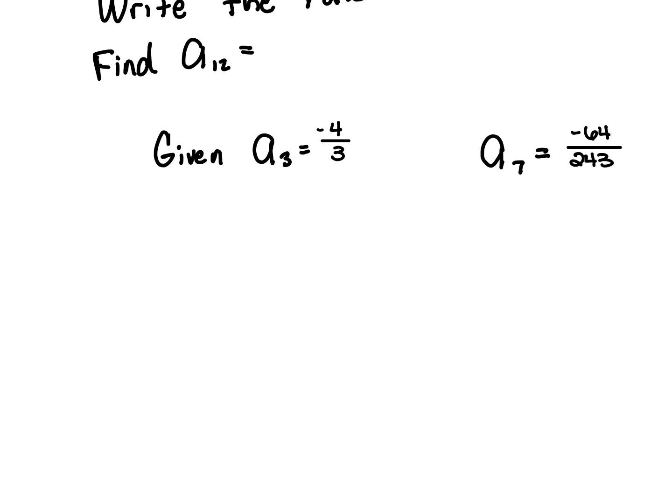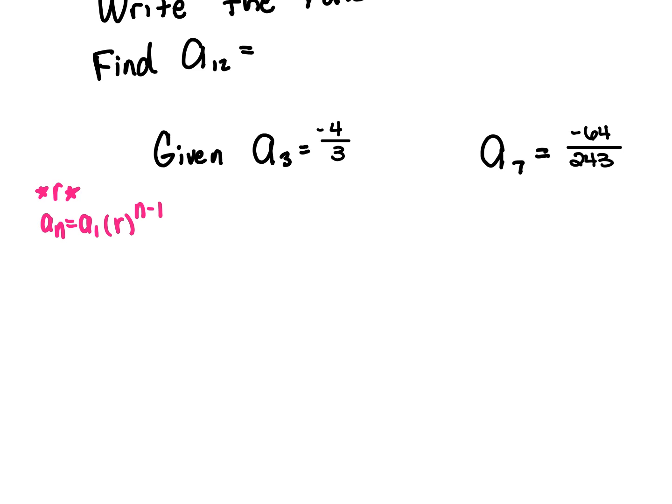So to find r, we're going to use a sub n is equal to a sub 1 times r to the power of n minus 1. We are going to substitute in the a sub 7 for a sub n and the a sub 3 for a sub 1.